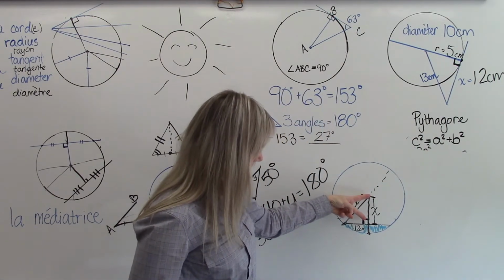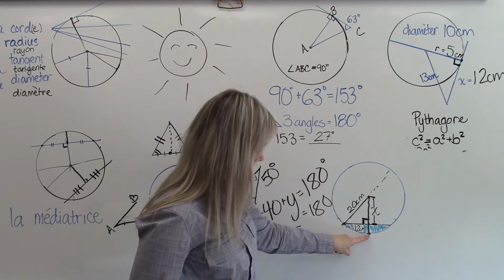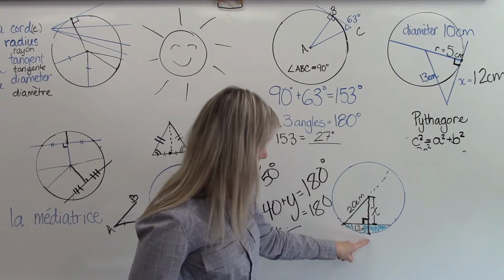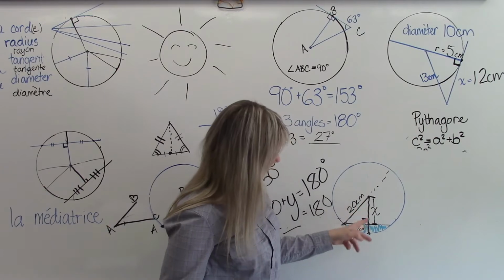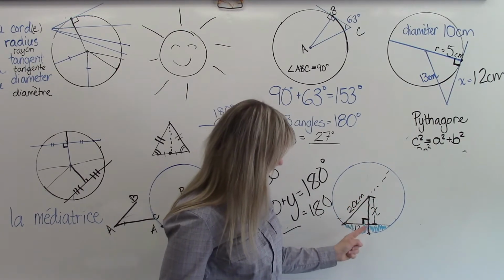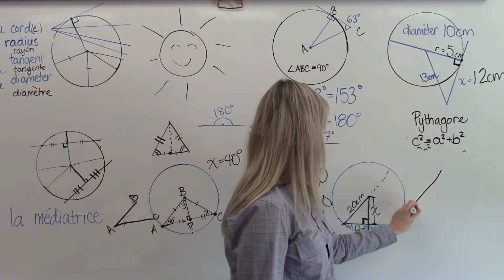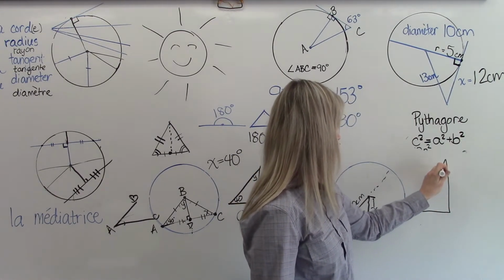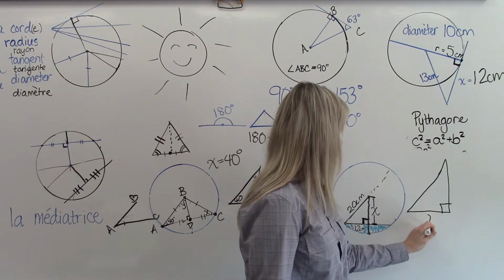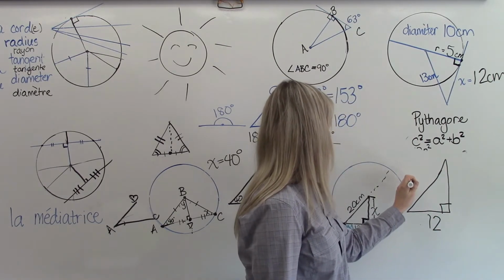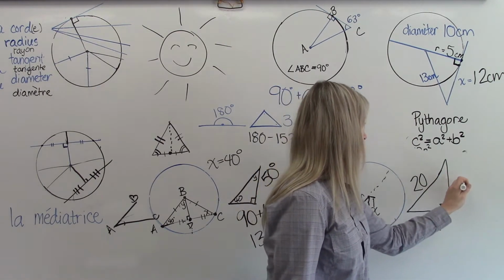Then we know that this whole thing is 20, so once we know this, we can say 20, take away this, and that will give us the remainder. So let's redraw this triangle to make it really clear for ourselves. This is 12 centimeters, this is 20 centimeters, and we're looking for this.